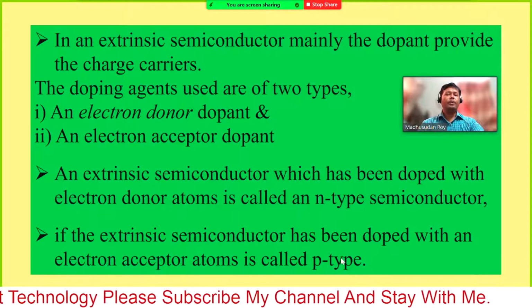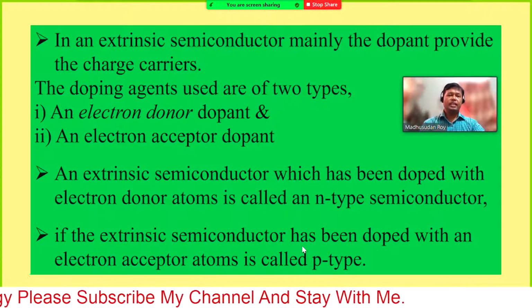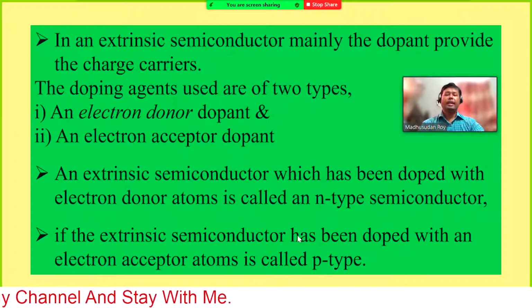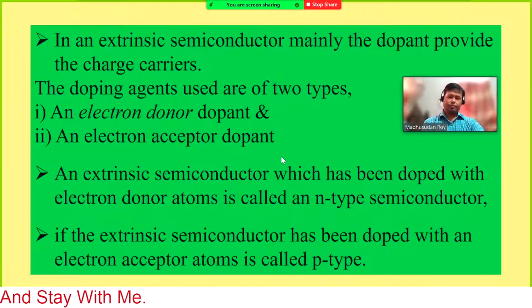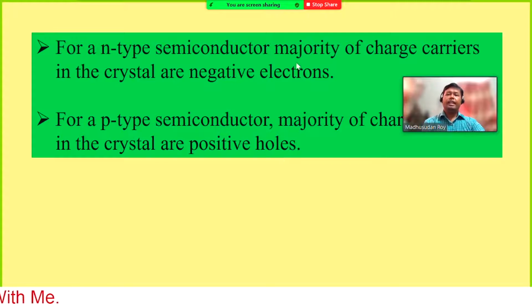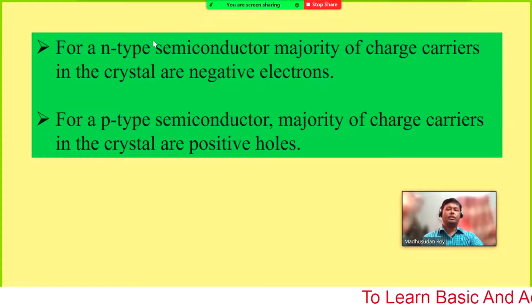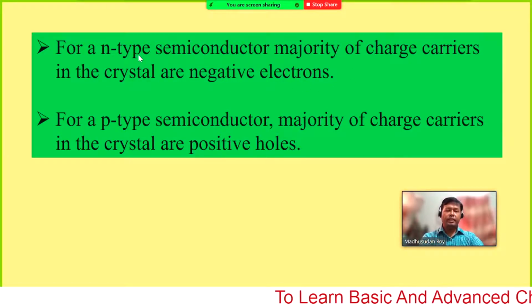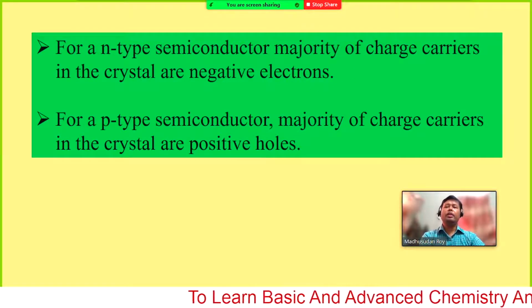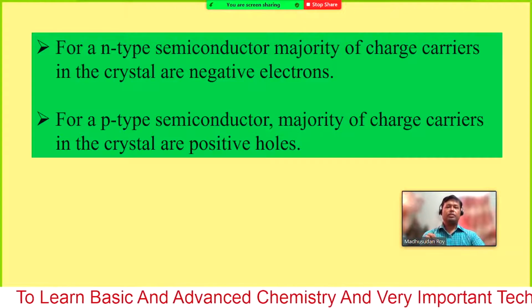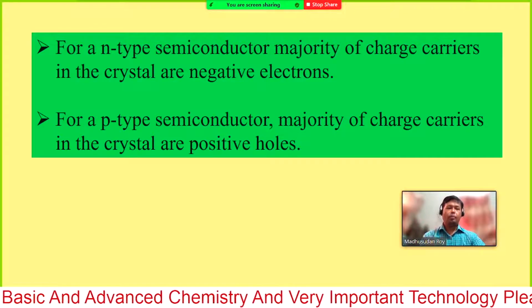Another type, which has a deficiency or shortage of electrons, is considered a P-type semiconductor. For an N-type semiconductor, the majority charge carriers in the crystal are negative electrons. I have already mentioned that for an N-type semiconductor you have more electrons than normal.